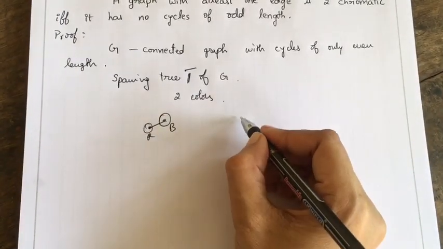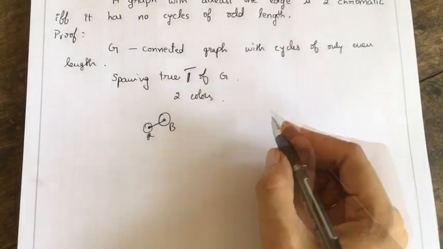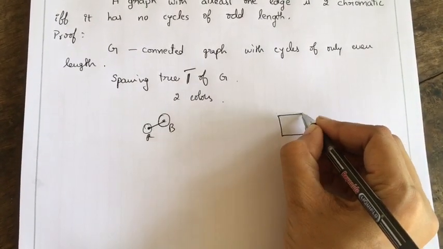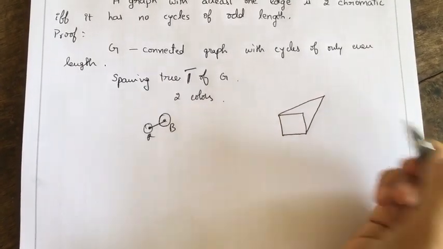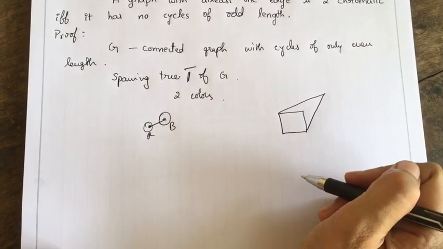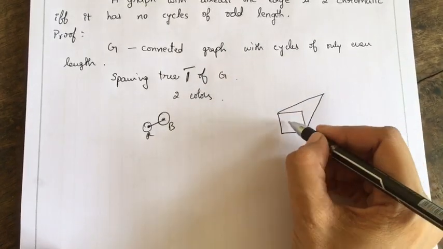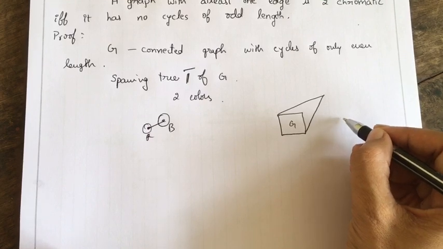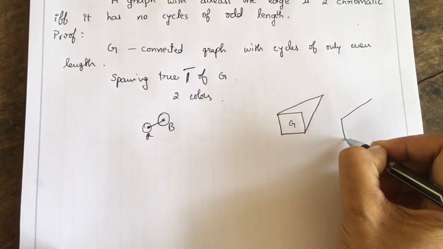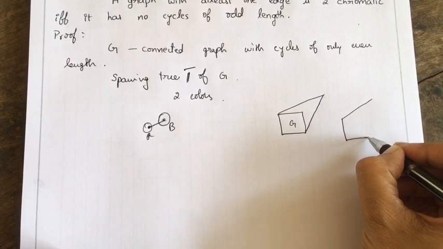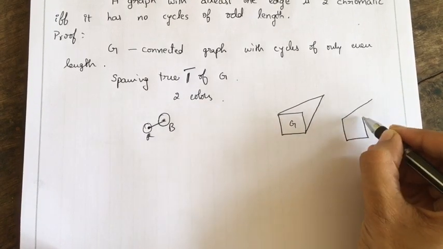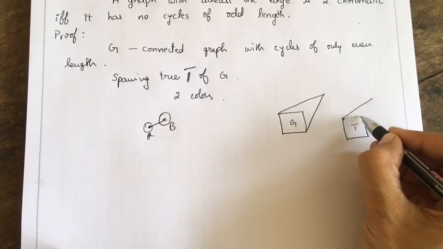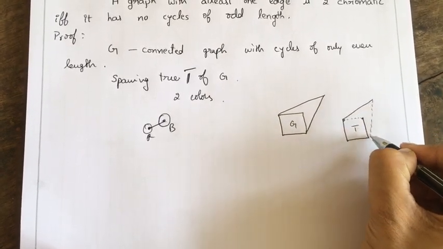Because, for example, suppose I have a graph G with circuits of even length only. Now in this case, this is my graph G. I'll write a spanning tree for this. Okay, this is my spanning tree. One chord is this and another chord is this.